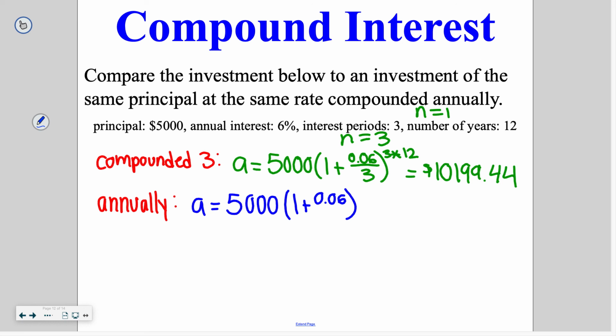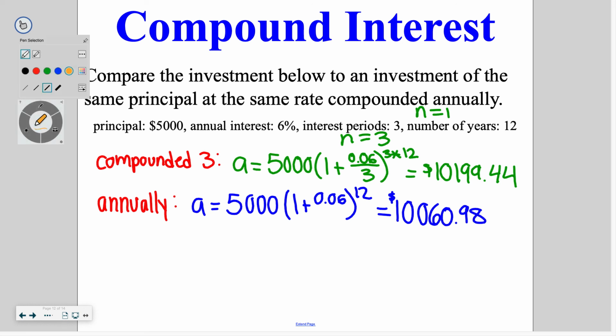And then 1 times 12 is my exponent, which is just going to be 12. When I plug that into the calculator, I get $10,060.98.